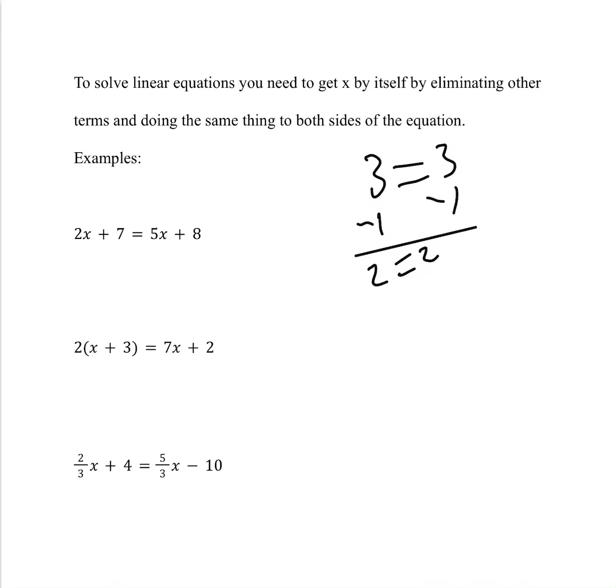And of course that is true. 2 does equal 2. It's the same number. So if you do the same thing to both sides of an equation, equality holds. The two things will be equal. That doesn't mean that this new item will be equal to the previous item, but it means that in the new equation, equality still holds.